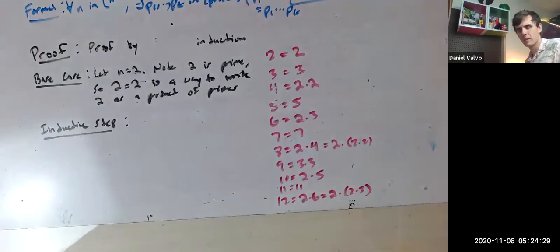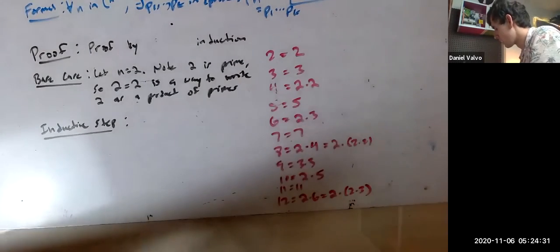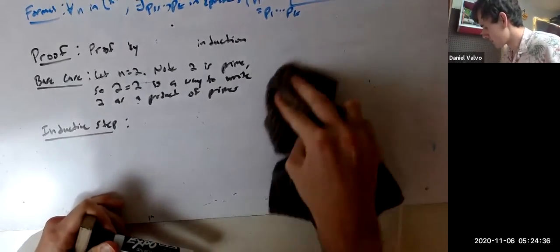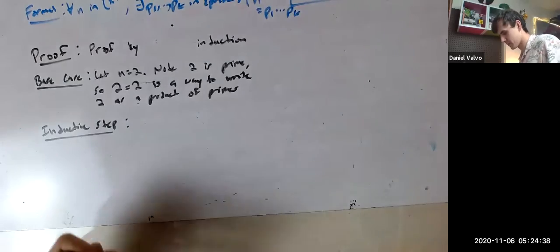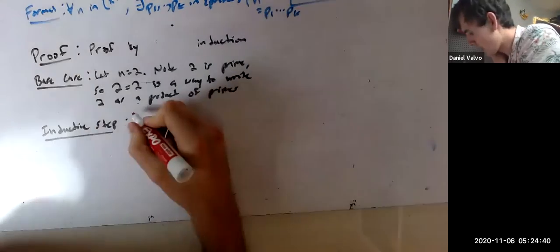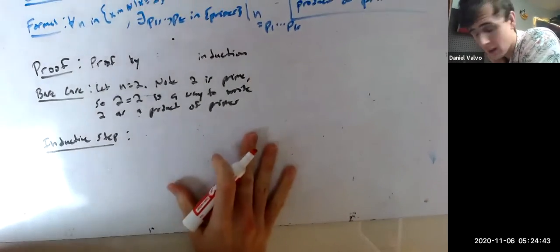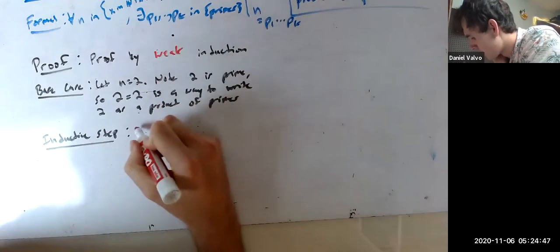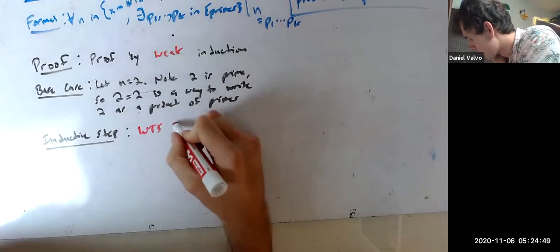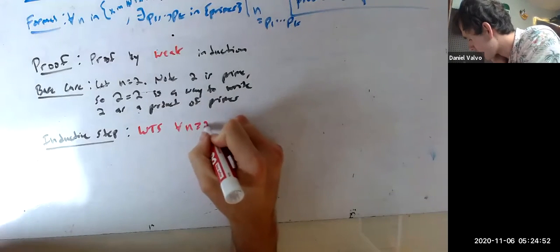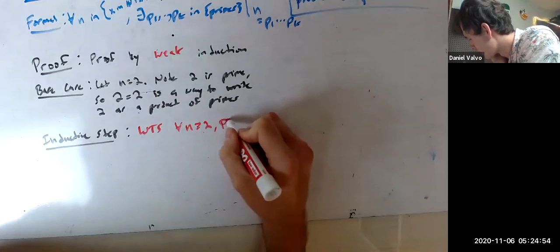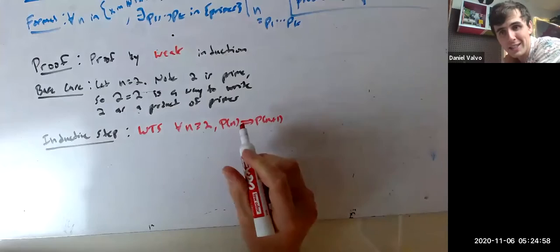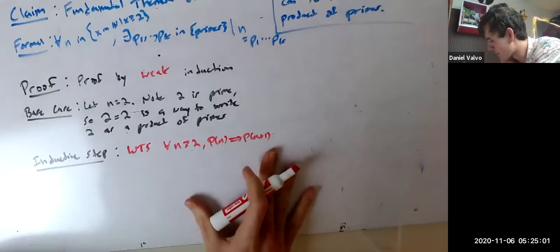Here's the idea. I'm going to erase this to give some more room. Let's say we try to prove this with weak induction. If we used weak here, then we'd want to show that for all n greater than or equal to 2, P of n implies P of n plus 1, where P in this case is, you can write it as a product of primes.